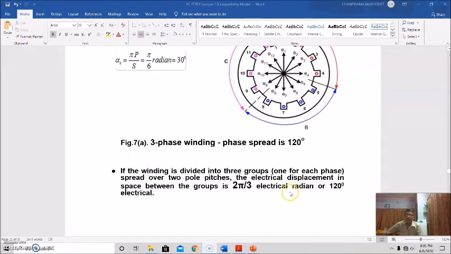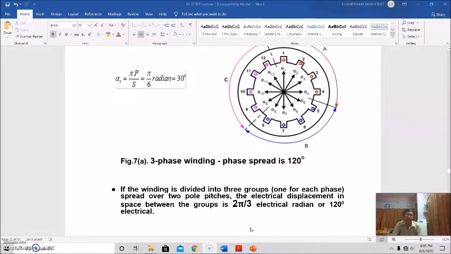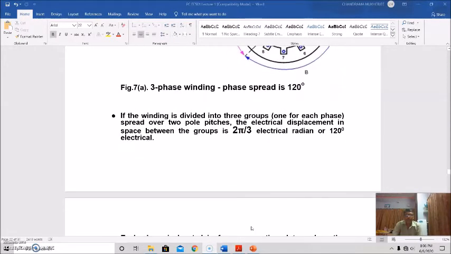Because if the winding is divided into 3 groups, that means one for each phase, spread over 2 poles, these 3 phases are spread over the 2 poles of the machine. Then the electrical displacement in space between the groups is how much? It will be 2 pi by 3 electrical radians or 120 degrees electrical.